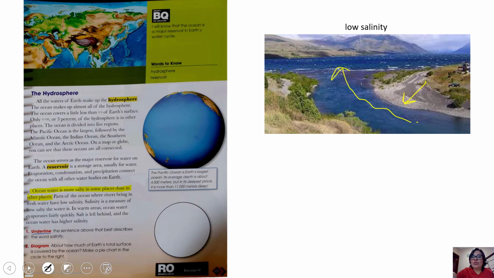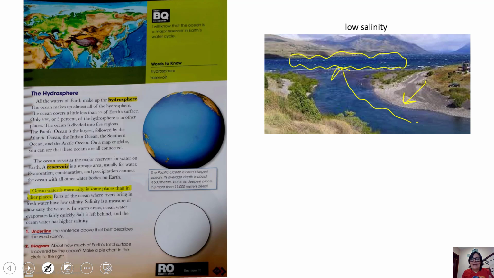So how do you think is going to be this part of the ocean? Do you think it's going to be less salty than in other parts, or saltier than in other parts? It's going to be with low salinity. And what is salinity? Salinity is the amount of salt that we have in the water.